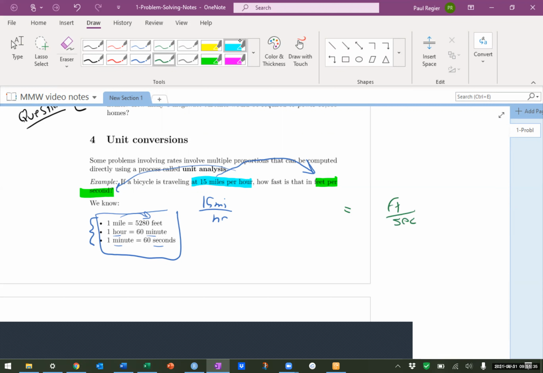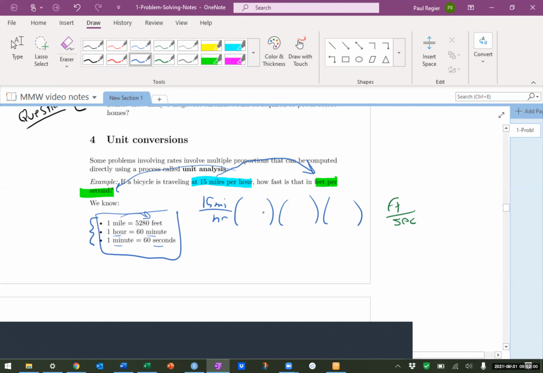And when you hear per, that literally means divided by. Remember percent: out of 100, per 100. So to make this possible to get from miles per hour to feet per second, we're going to put in several conversions here.